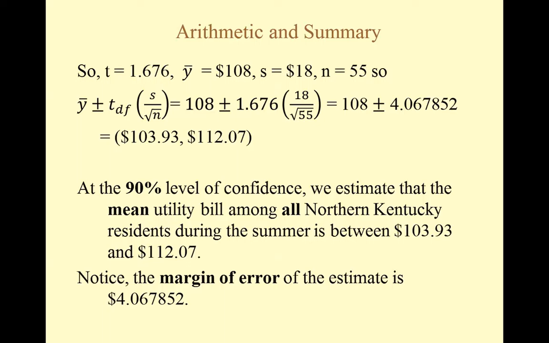Y bar, the sample mean, is $108. S, the sample standard deviation, is $18, and the sample size is n equal to 55. So using our formula, y bar plus or minus t sub df times s divided by the square root of n equals 108 plus or minus 1.676 times 18 divided by the square root of 55.